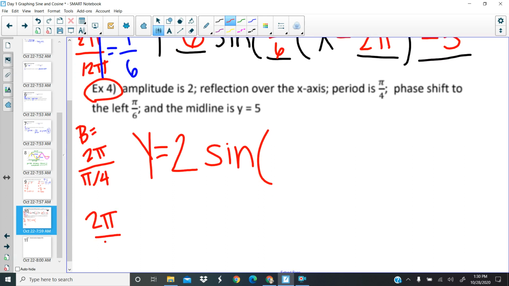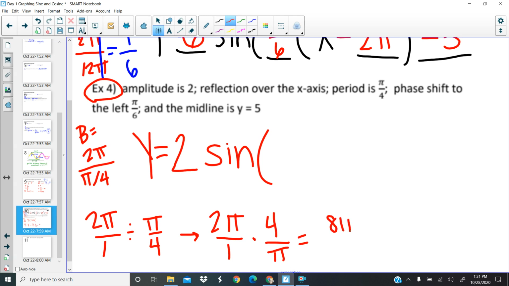So I would have 2 pi over 1, divided by pi over 4. I'm going to rewrite that as 2 pi over 1 times 4 over pi. And that is going to become 2 pi times 4 is 8 pi over 1 times pi is pi. And our pi's cancel, so it would just be 8. So our b value for this one is just going to be 8.